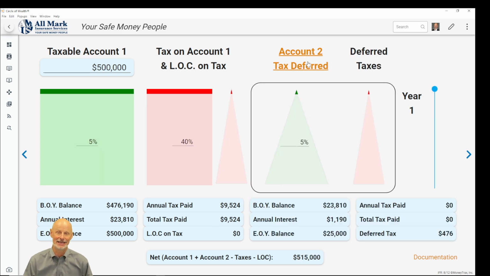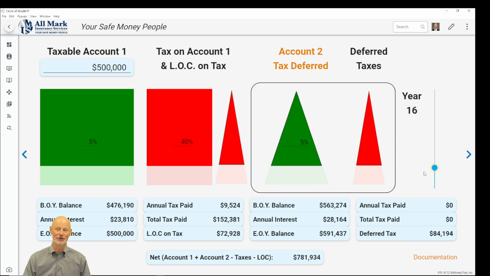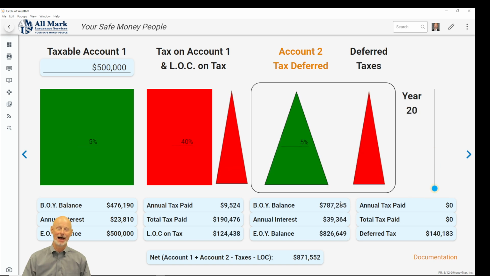So we'll go out here, take a look at our account number 2. Now, if we were to take that money and put the growth over into our tax deferred account and grow it on a tax deferred account, then what we would see over that period of time is that it grows up here. And now we have $871,552 in the tax deferred account.